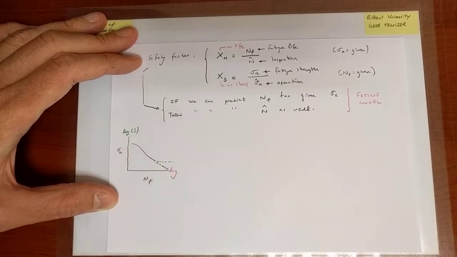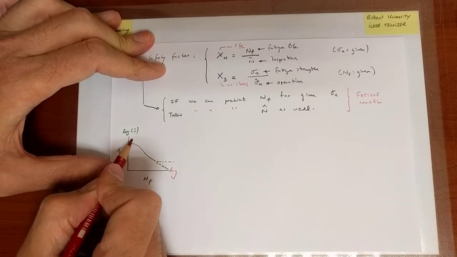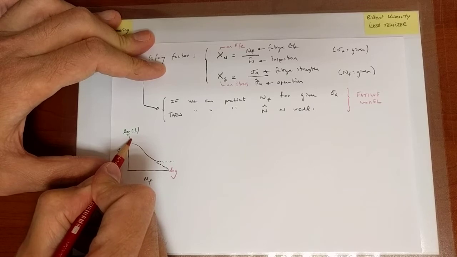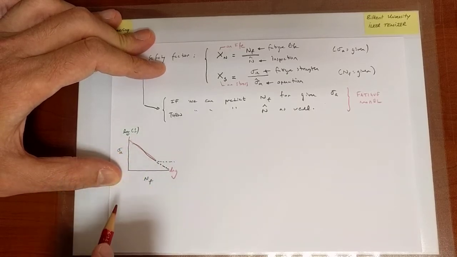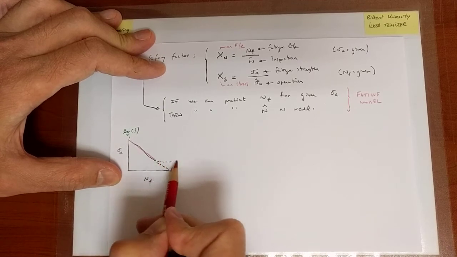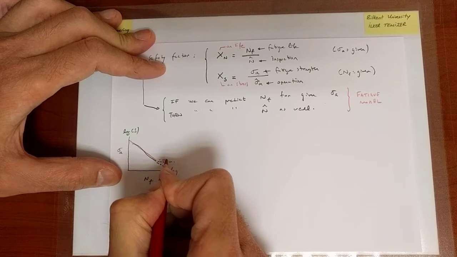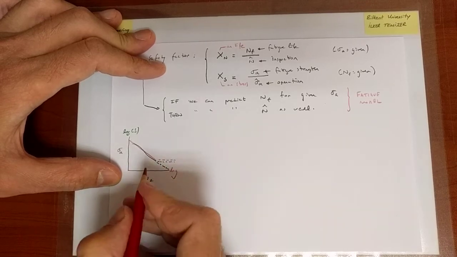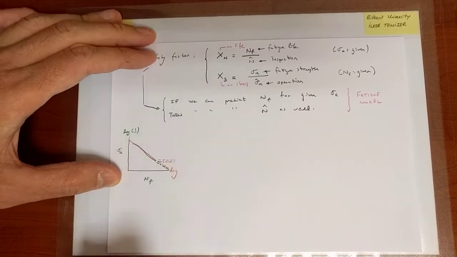Even if that's the case, what we're going to do is model a line through our data, a line that goes like this. And if it turns out that there's an endurance limit, we have to cut off that model. If there is no endurance limit, then perhaps we can continue that model.